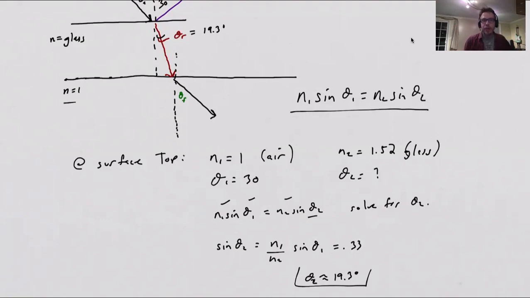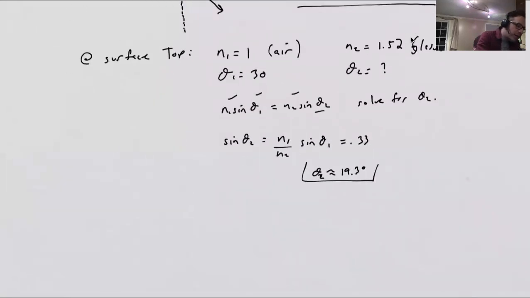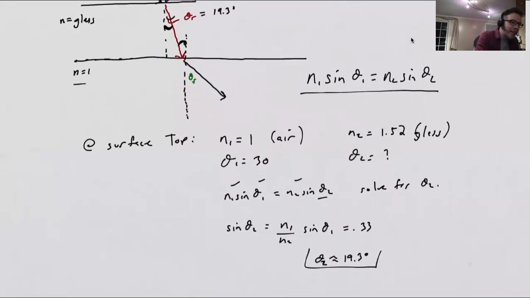We need to be really careful here. That was theta refracted. If you take a look, that's this angle here. By our laws of geometry, that's got to be the same as this angle here, which is drawn from a vertical. So theta R is going to be the same as our incident angle.